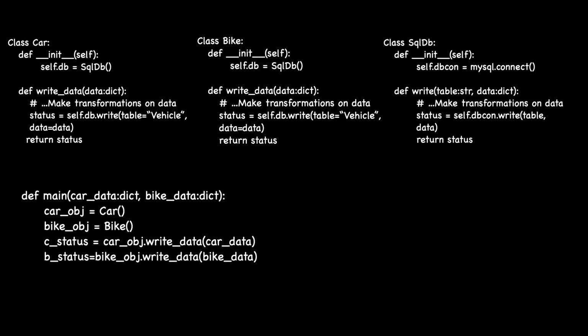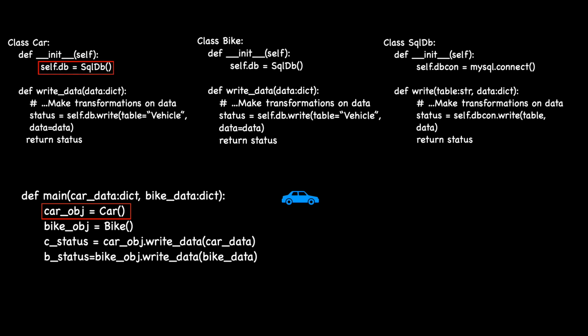We have all the three entities. Now we have a main method which is the orchestrator of our system. The main method has been called and started executing. The interpreter will start at the first line of the main method. In the first line, the car class has been initialized and an instance is created in the physical memory.